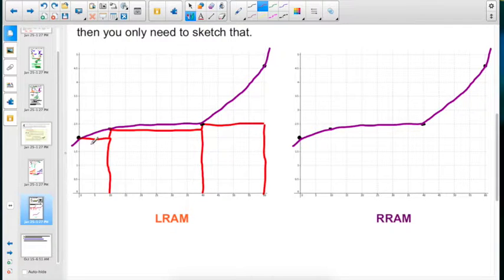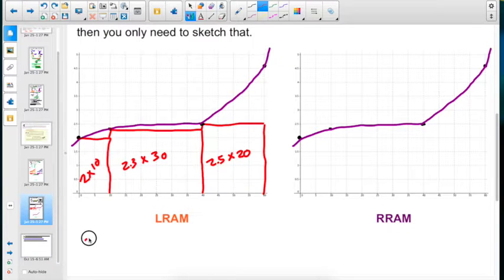So if we notice, this first rectangle has a height of 2 and a width of 10. Second rectangle has a height of 2.3 and a width of 30. And the third rectangle has a height of 2.5 and a width of 20. So we have to do those 3 areas and add them together.